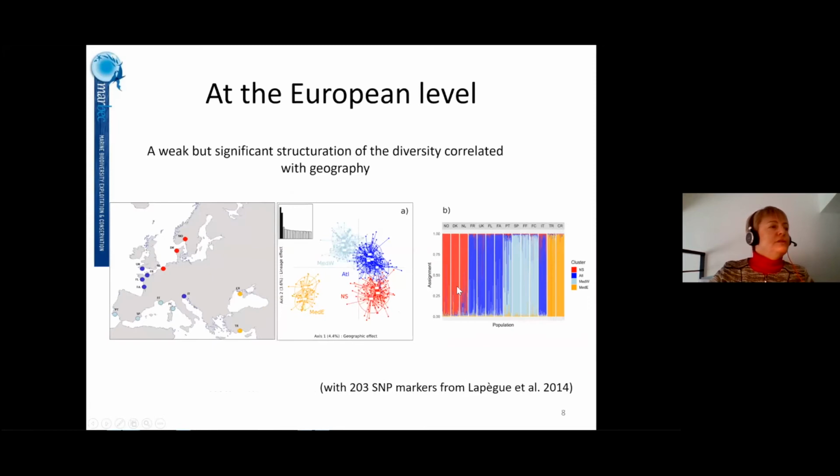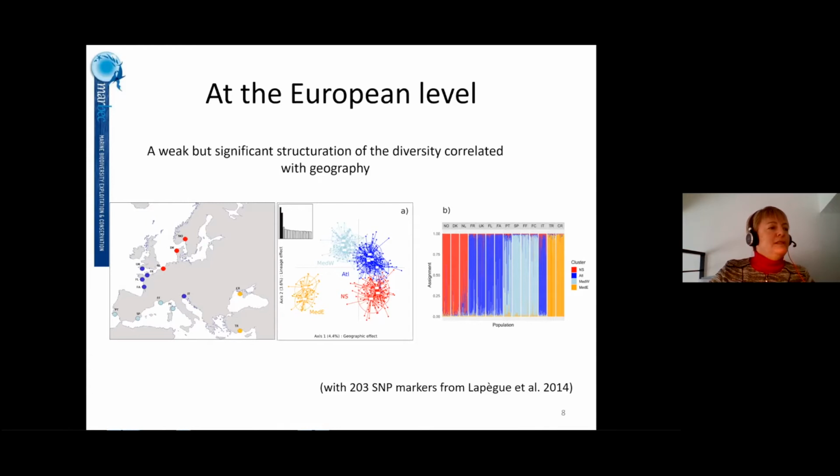The first result we had can be summarized in this picture, which is a principal component analysis with the first two axes. You will see the color code here: the northern populations in red, North Sea populations in dark blue, Atlantic populations in light blue, West Mediterranean populations, and orange for East Mediterranean or Black Sea.